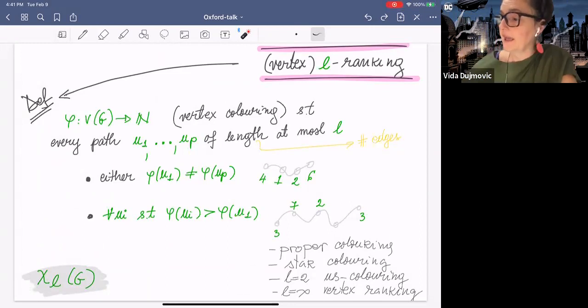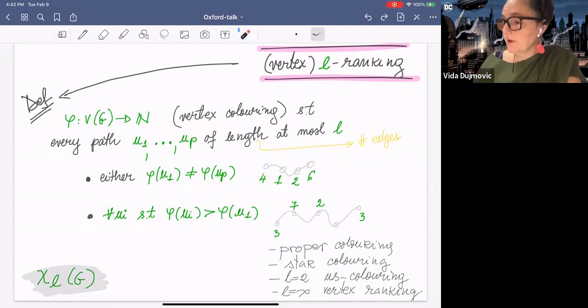In particular, it's called L vertex ranking. So what is it? Basically, we color the vertices of graph G. We assign them integers, let's say positive integers. These are the colors. So we assign colors to the vertices, and two things have to be satisfied.